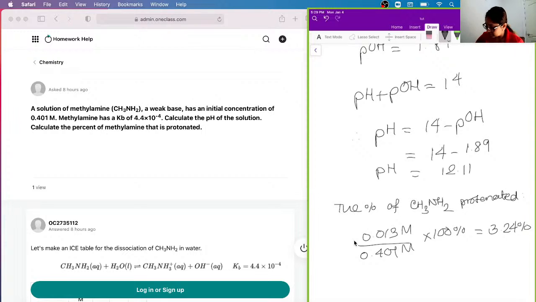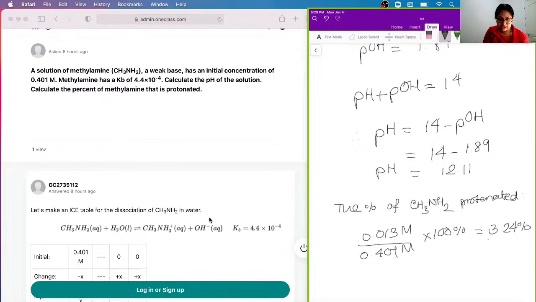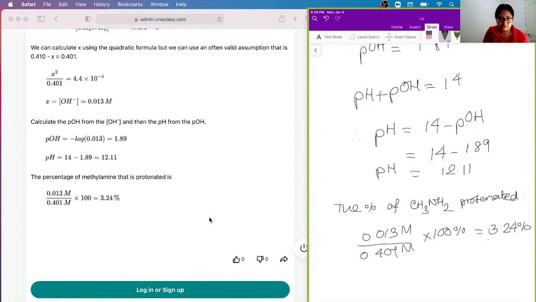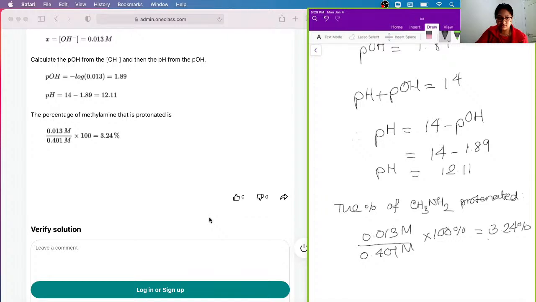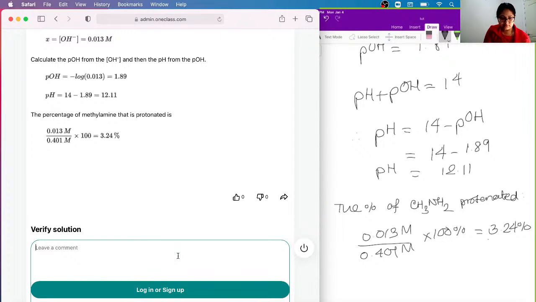So this is how much it was protonated, or how much acid it produced. Okay. And so this should be correct.